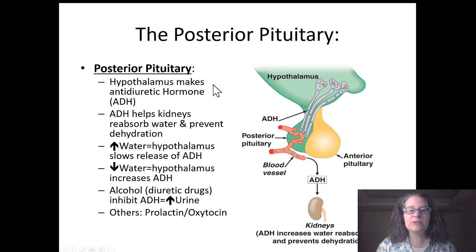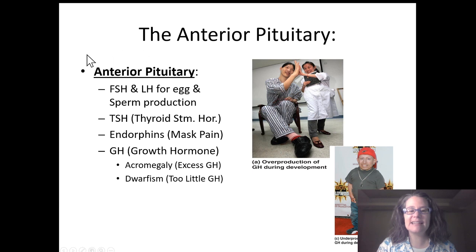If we move from the posterior pituitary to the anterior pituitary, there's a whole other set of hormones. Again, some of these are synthesized right there in this pituitary and then wait for a signal from the hypothalamus to release them. Some of these hormones are follicle stimulating hormone or FSH, and luteinizing hormone or LH. These are in control, in part, of egg and sperm production, and for females, some of the menstrual cycling that happens every month.